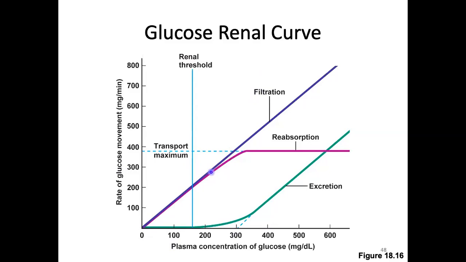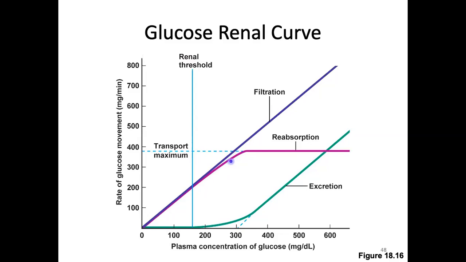But once I have too much glucose in the bloodstream, that's going to get filtered out, but then those carrier proteins are going to start to get saturated, and so you're seeing a slow decrease in reabsorption.